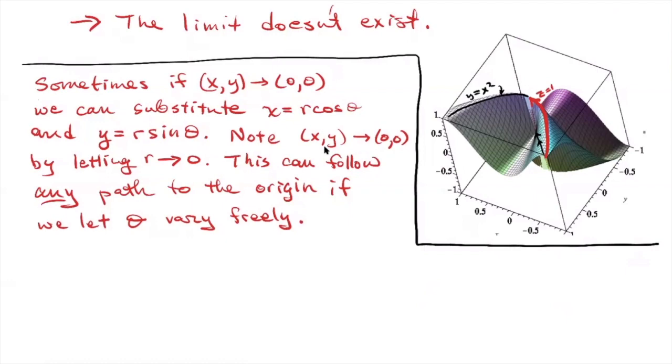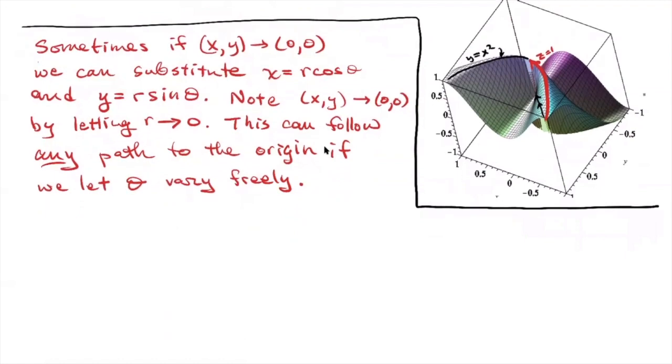If this results in a limit that is not dependent on theta, then the limit exists. Let's just say it this way.